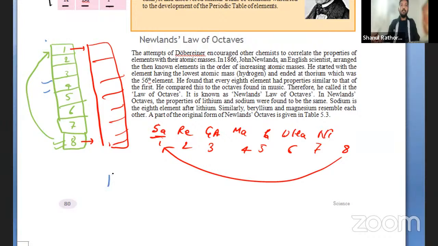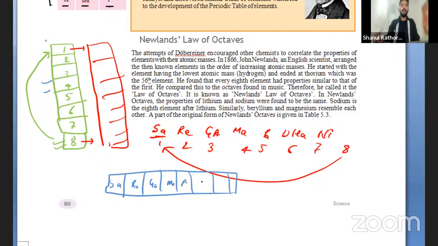But if we draw this vertically downward like this: sa, re, ga, ma, pa, dha, ni, and the eighth one resembles the first. So if we draw lithium here and the rest of the elements here, the next eighth element in the periodic table is sodium and would be put here as well.